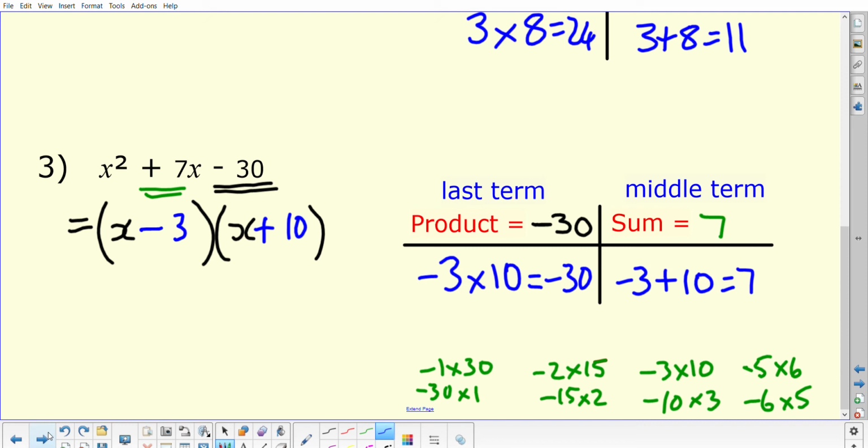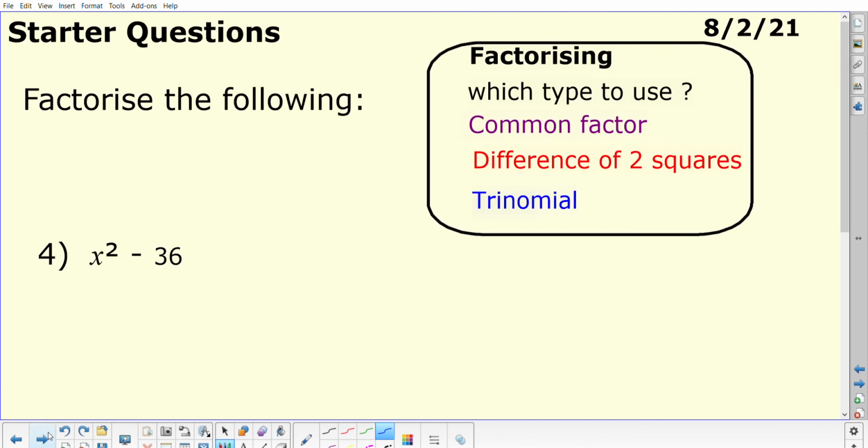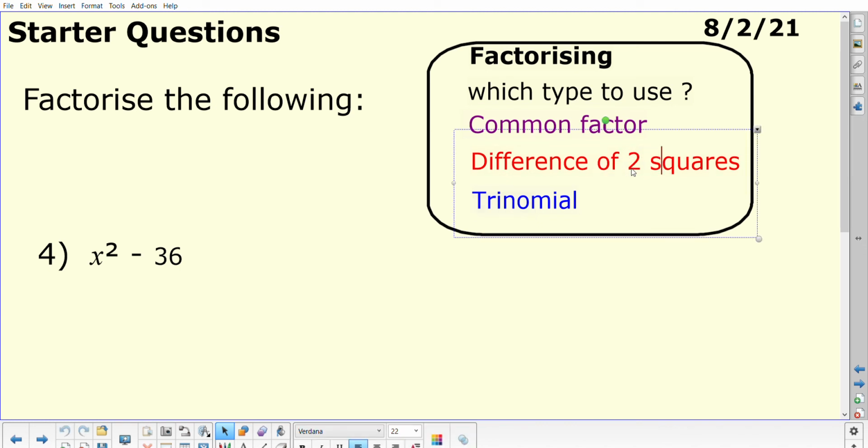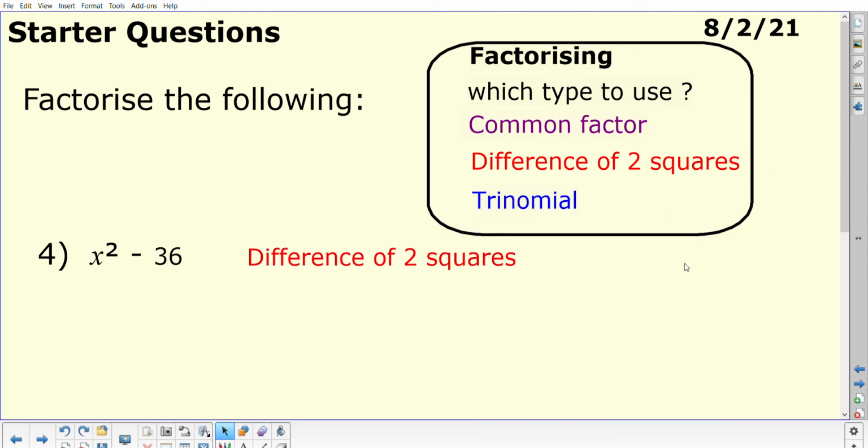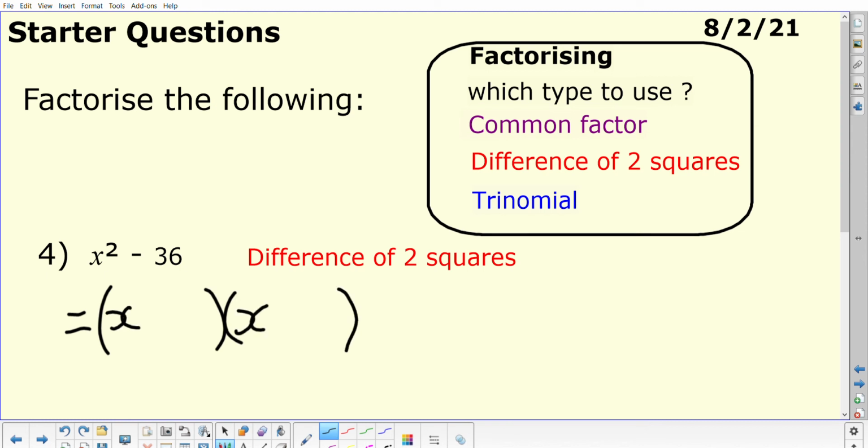So we've done a common factor, we've looked at two trinomial expressions. This one here is clearly not a trinomial expression, it's only got two terms, and this is where we look at the fact that it must be difference of two squares. So what we'll be looking for here for this one is that you remember that this is going to go into two brackets, and the two brackets almost look identical, except for one will have a plus and one will have a minus.